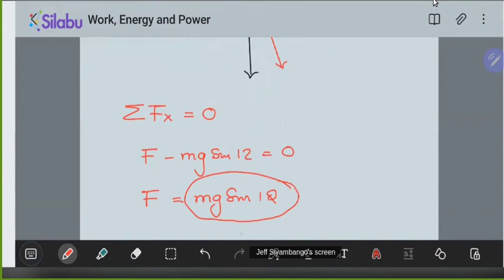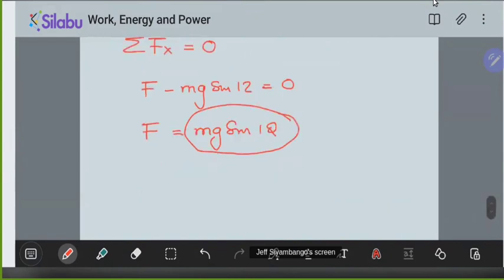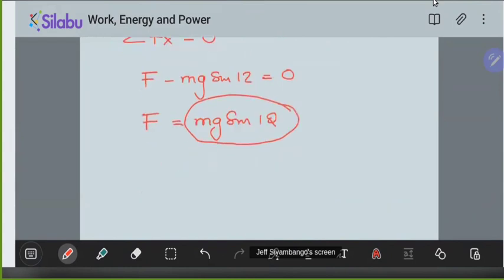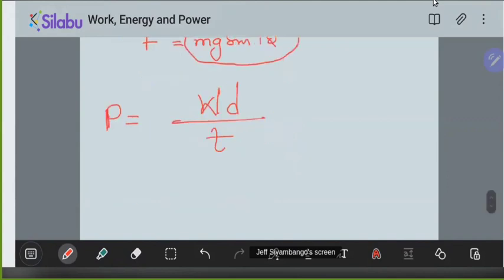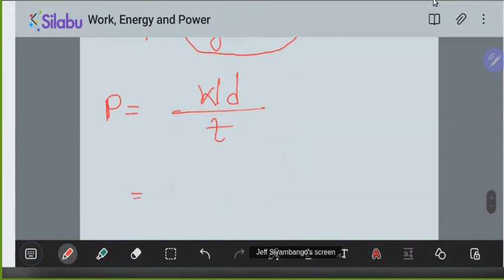Now, how do we finish this? When you are running on this treadmill, the power will be equal to the work done divided by the time. Work done can be calculated by the change in potential energy. You are running at a constant speed, meaning there is no change in kinetic energy. So work done will only be the change in potential energy divided by time.